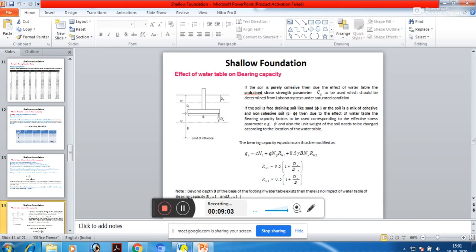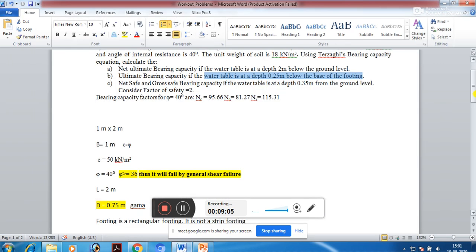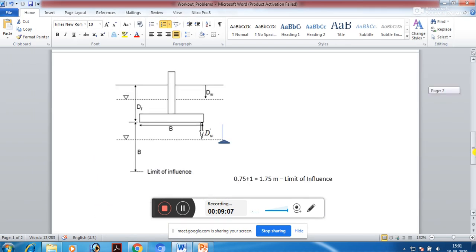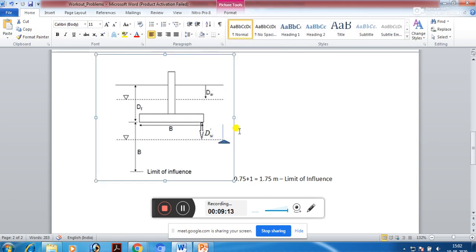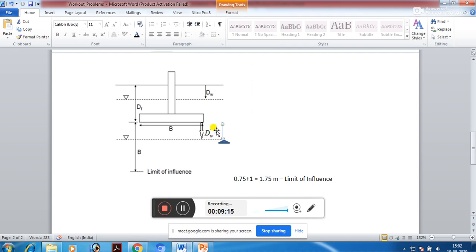So where is the base? The base is located over here. So this is from the base of the footing. This is actually your 2.5 meter. So you tell me now, what will be the value of dw dash in that case?